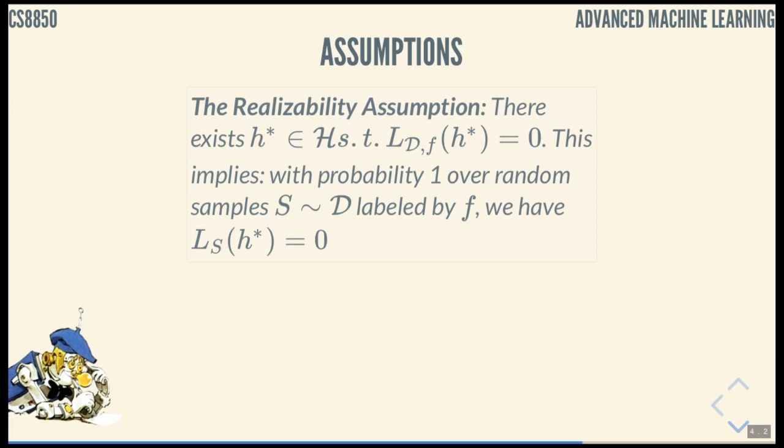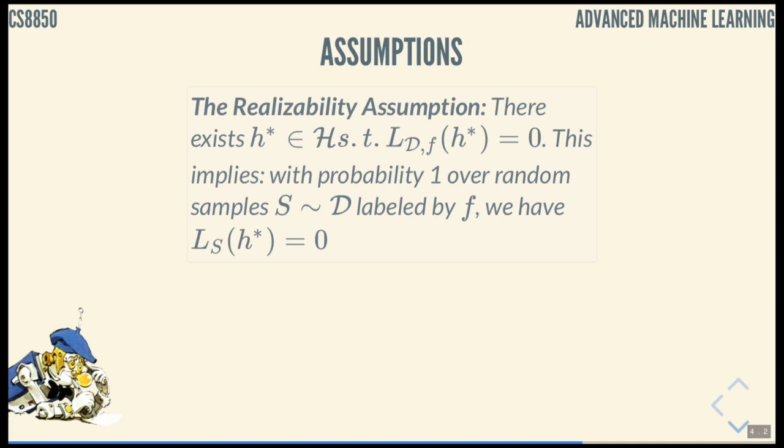One is realizability assumption. We assume that there does exist an H star in our finite set of possible classifiers, such that the loss, the true loss, is 0.